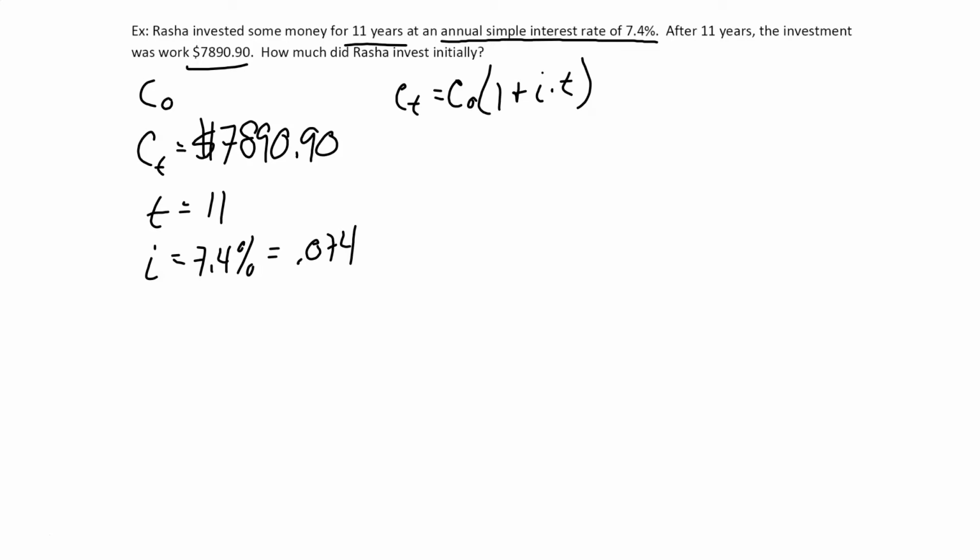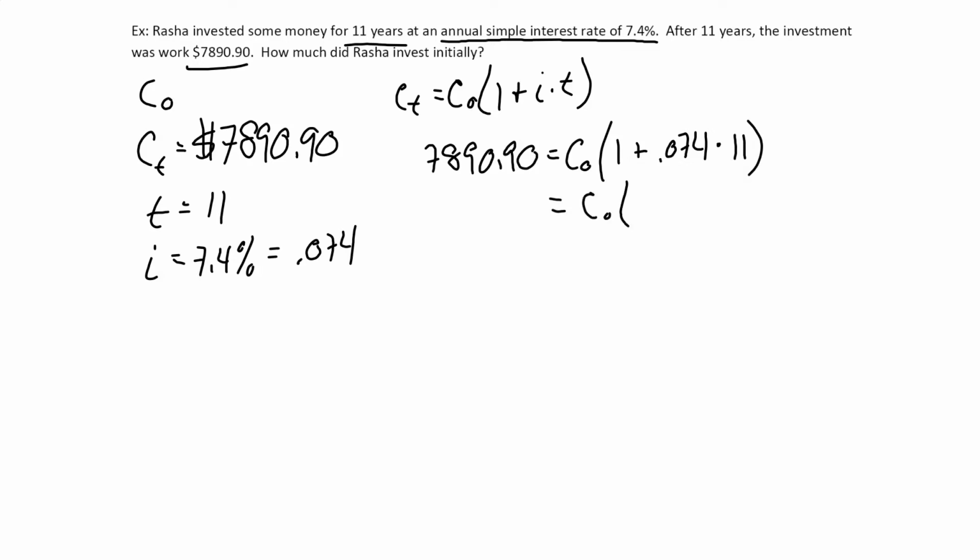So CT is 7890.90. That's equal to C0, we don't know what that is, times 1 plus I, which is 0.074, times T, which is 11. That's C0 times 1 plus 0.814.